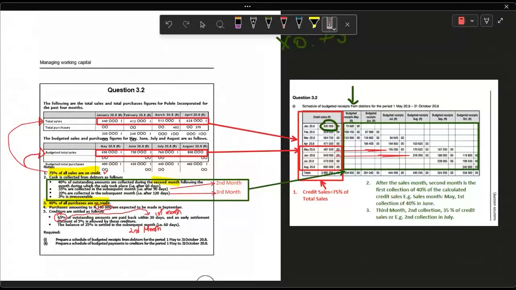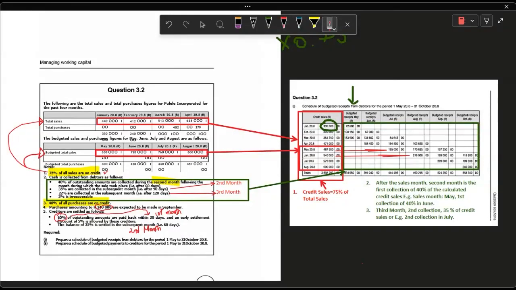So our debtors, remember, there is purchases and there is sales. Sales, it's people who are buying from us on credit. Purchases, it's we who are buying things from people on credit. That will be our cost of sales, right? We buy the merchandise from our creditors, our suppliers, and we sell it to our clients. And some of our clients buy things not cash, but they pay on credit.